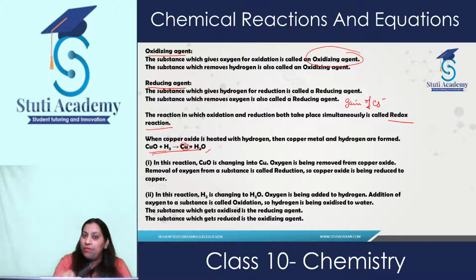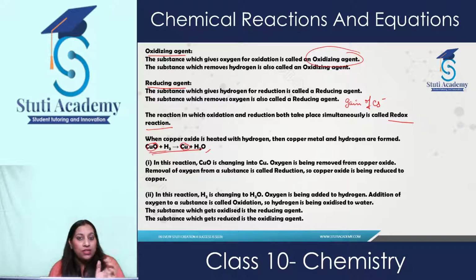And if you remember, when we are removing oxygen, it means a reduction reaction takes place here. And this copper oxide is the reducing agent, because from this copper oxygen is removed. So in reduction reaction, the substance which is responsible for removing that oxygen is known as reducing agent.